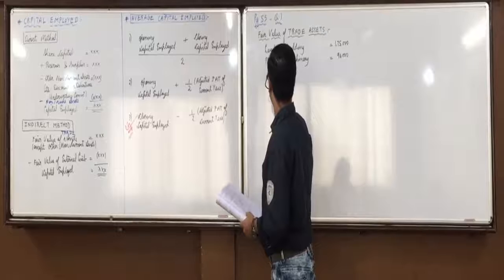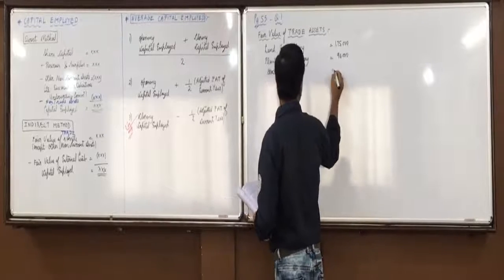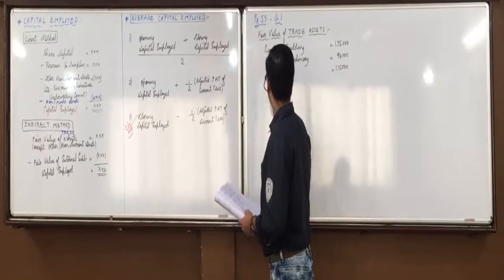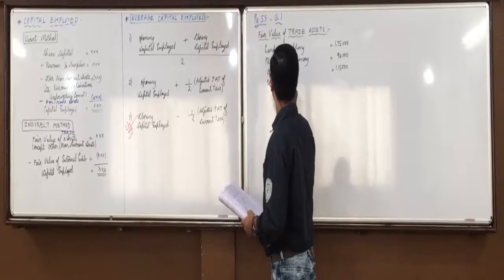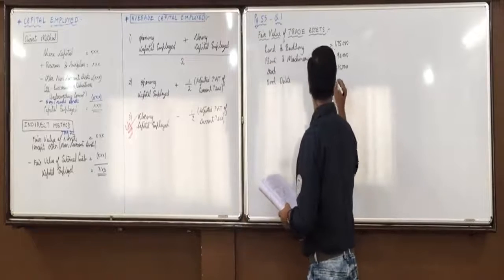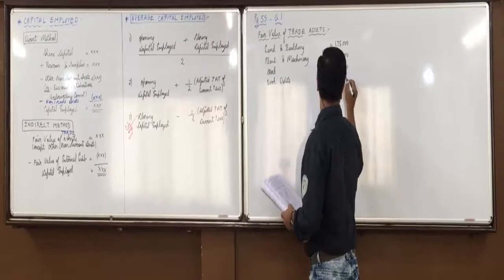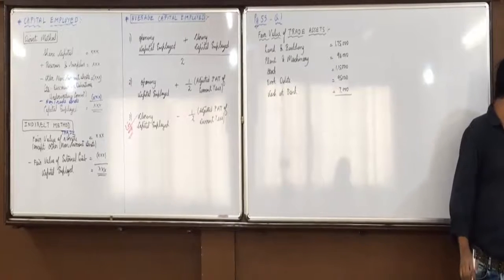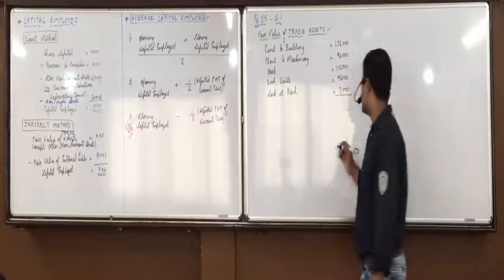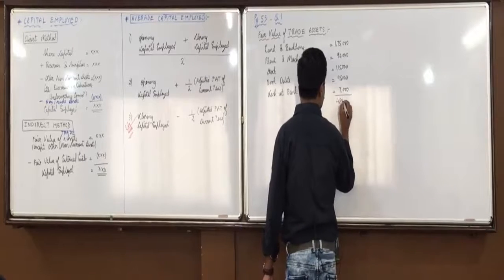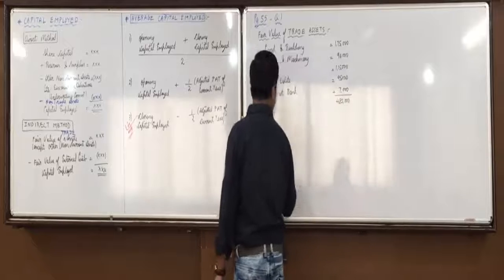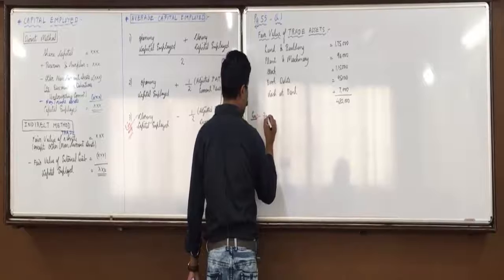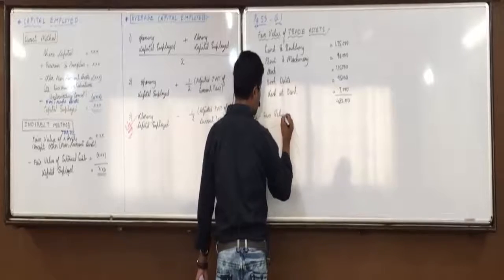Stock 1,15,000. Book debts, sorry, 95,000. Cash at bank 7,000. Yes, how much does that come to? 4,82,000. 4,82,000 minus fair value of external liabilities.